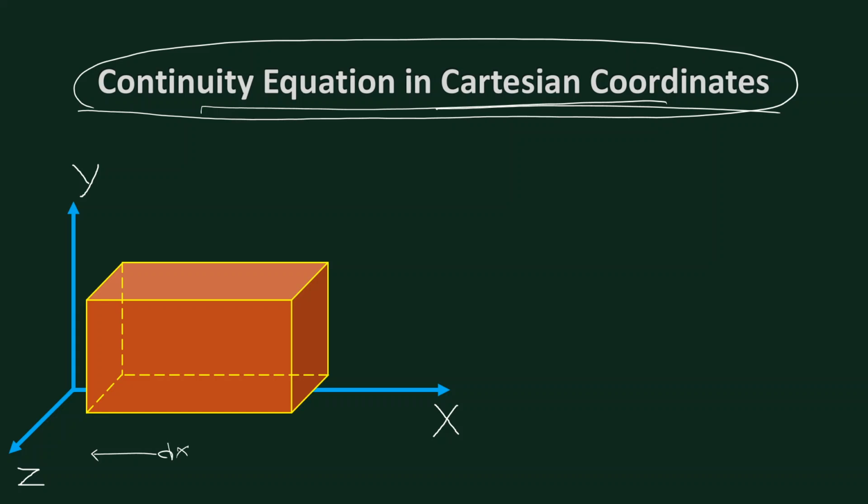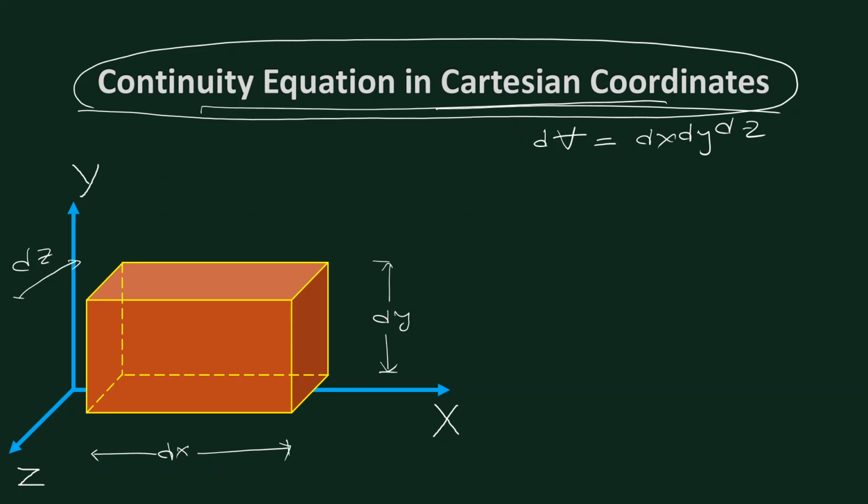So here we are going to consider a control volume which is an elementary volume having the shape of a parallelepiped, and its dimensions are dx in x direction, dy in y direction, and dz in z direction. Therefore, the total volume of this element is dV equals dx dy dz.